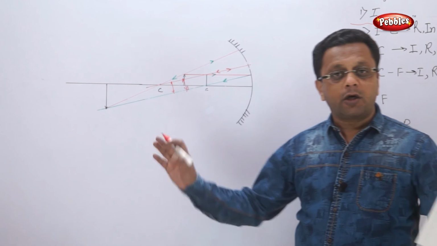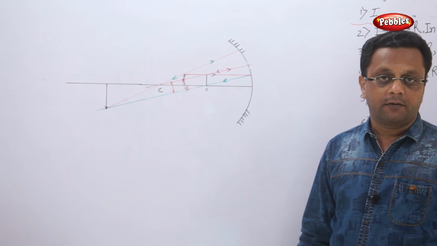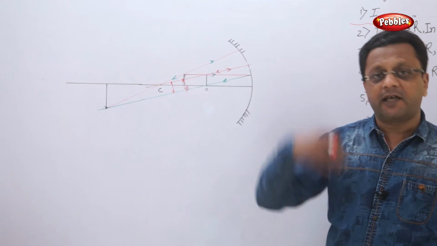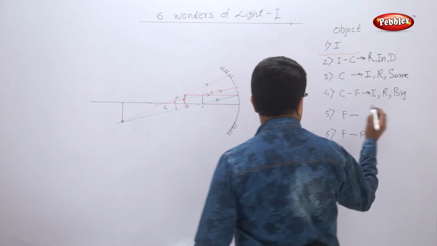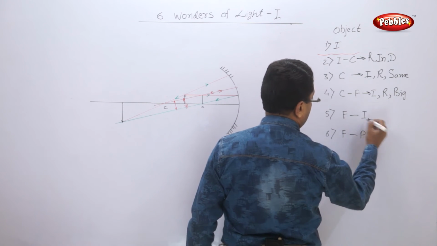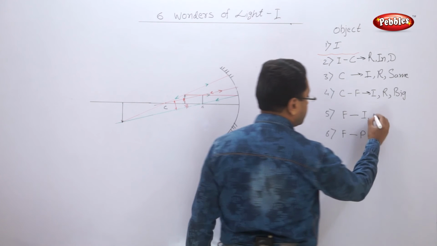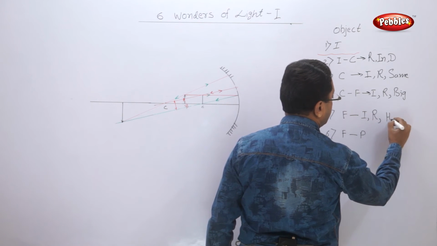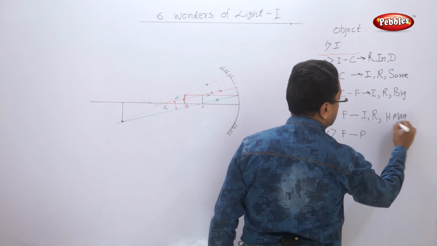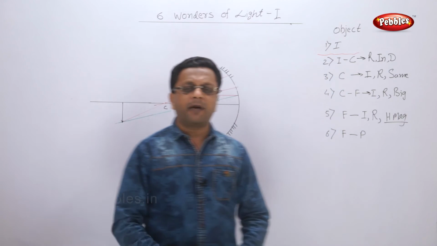That means we are not going to get the image anywhere, or we can say that we will get the image at infinity on the downside. That means inverted. If it is inverted, it must be real, and it is highly magnified. Highly magnified image.